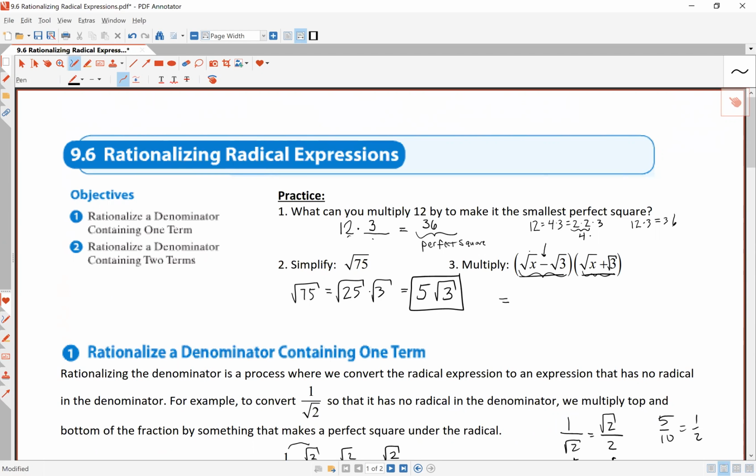And now when this happens, we get square root of x times square root of x, which is the square root of x squared. We get square root of x times square root of 3, which is square root of 3x, minus square root of 3 times square root of x, which is minus square root of 3x, minus square root of 3 times square root of 3, which is square root of 9.